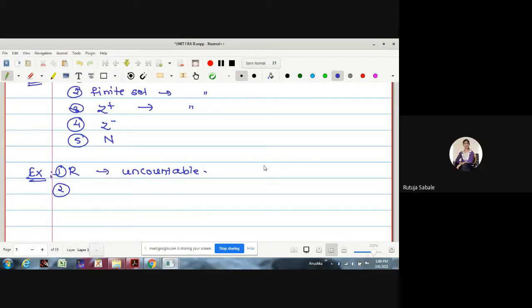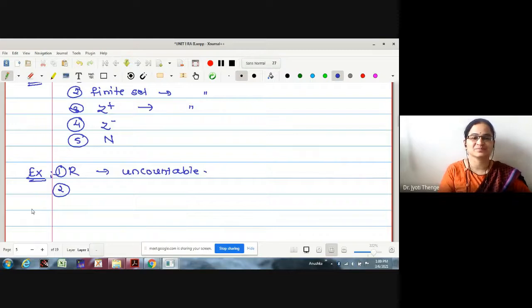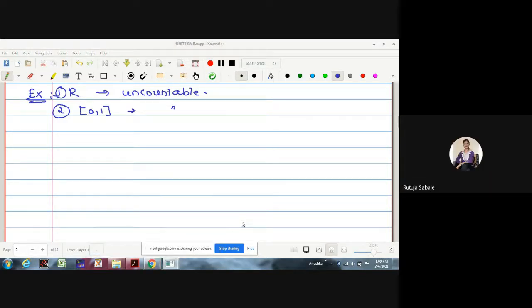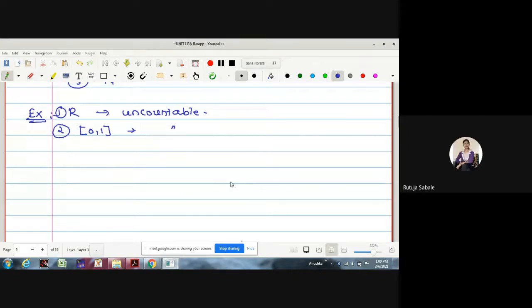Uncountable. Can you prove it? I think you have studied the proof in your BSc course. Whether you have studied the proof of this closed interval 0 to 1 being uncountable in your BSc course or not?